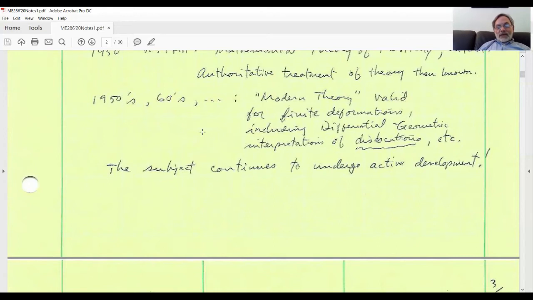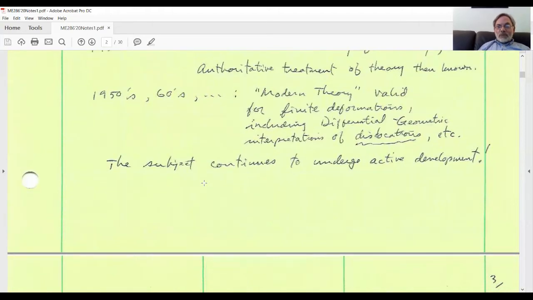I would say that the subject has reached a state of maturity at this point where certain controversies have been resolved, and there is a broad agreement on most of the fundamental aspects of the subject, although controversies continue to the present day.